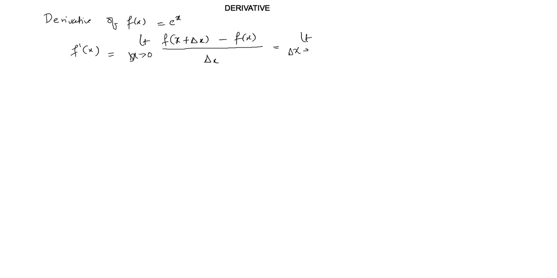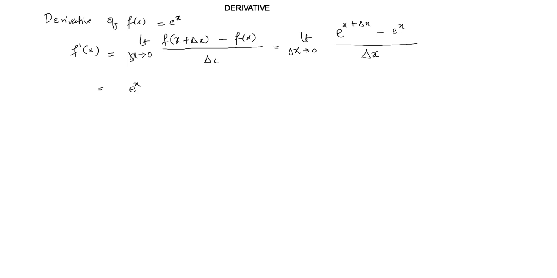This is the limit as delta x tends to 0 of e to the power of x plus delta x minus e to the power of x divided by delta x, right?